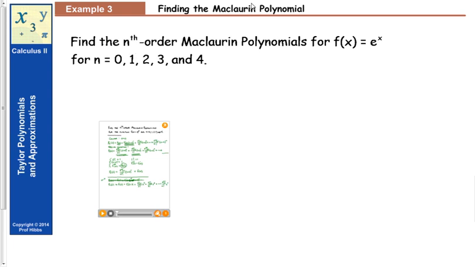Remember, Maclaurin polynomial means that the center is 0. And so we're going to find the Taylor polynomials, if you will, of order 0, 1, 2, 3, and 4 for this function f of x equal e to the x when we're centered at 0.